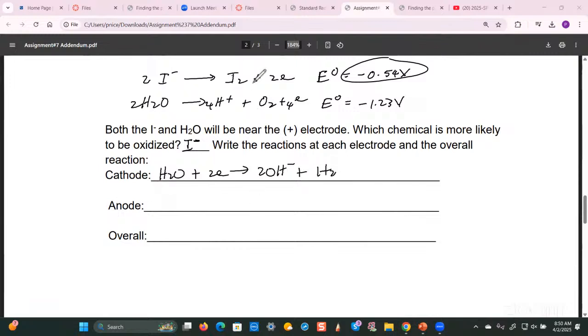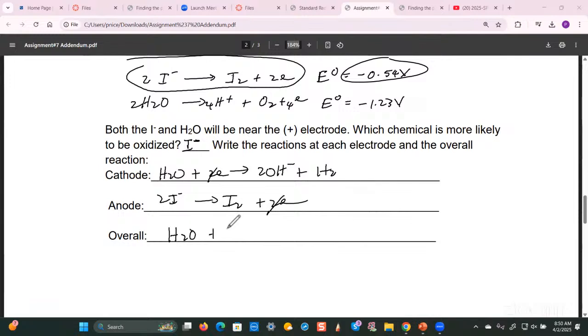And the anode reaction is the one that we just discovered here, which would be 2I minus to give I2 plus 2 electrons, right? And then to get the overall equation, what do we do? We add them, right? And when we add them, the only thing that will cancel out in this particular case would be the two electrons. So the final answer would be H2O plus 2I minus.